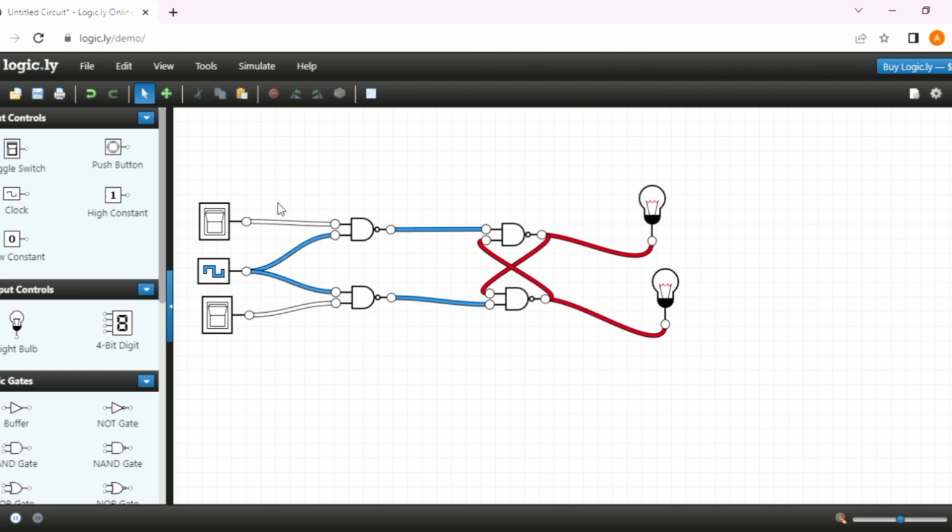So when S and R are 0 and 0, the present state and the next state show the memory state. When S is 0 and R is 1, it represents 0, 1. When S is 1 and R is 0, it gives 1 and 0. When both are 1, it represents 1 and 1, which is not used due to the clock pulse.